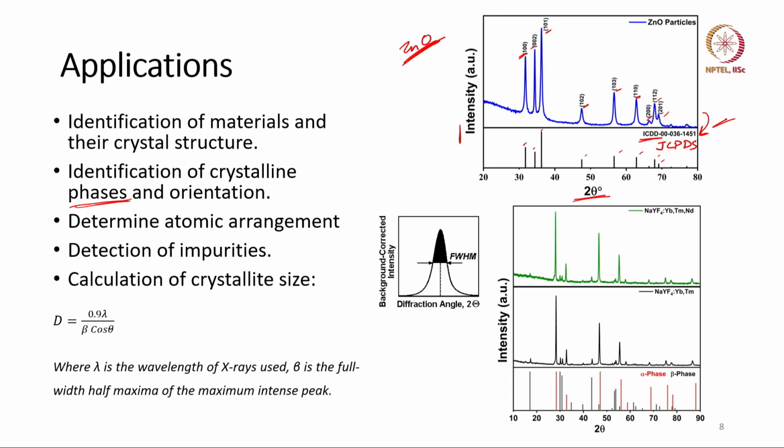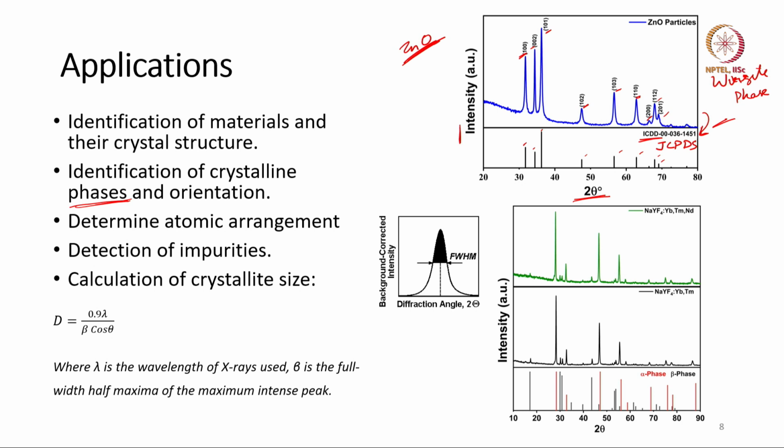In this example of zinc oxide, the material I synthesized was of pure wurtzite phase. It is a single phase material.